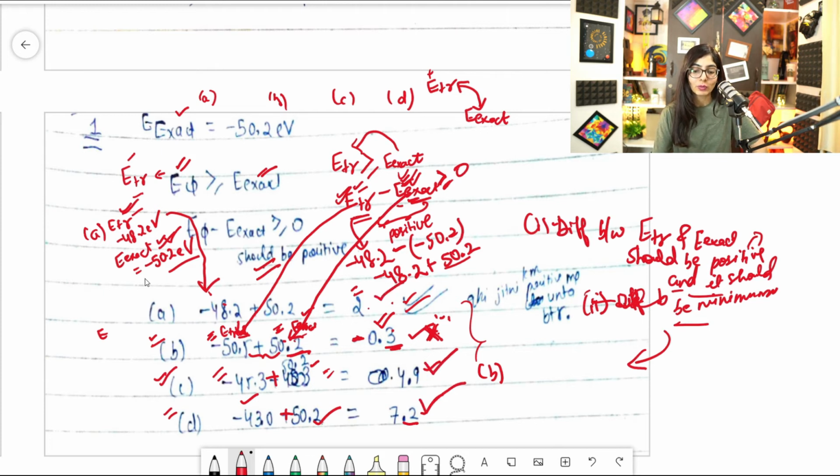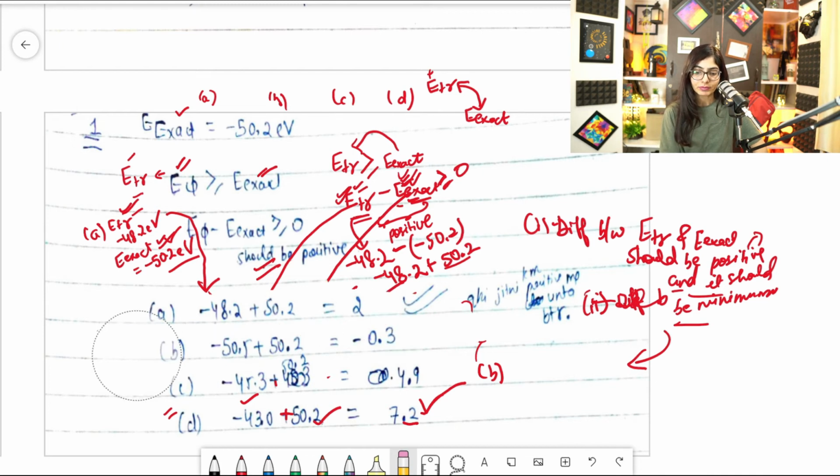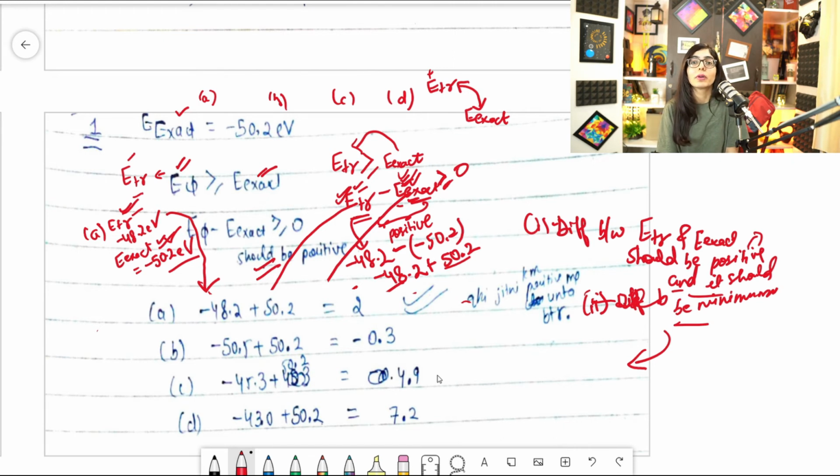Clear? So one thing I also told you is that the lesser the difference, the better the wave function would be, right? So we need to find the best system which is suited to the exact energy, right? So lesser the difference. Suppose there are two values, 0.5 and 1.5, obviously less difference is here only. So I'll prefer this system because it is matching more with the E exact.